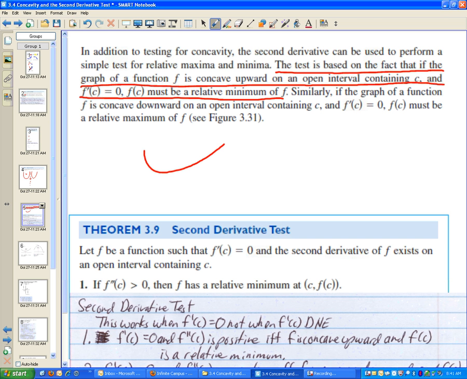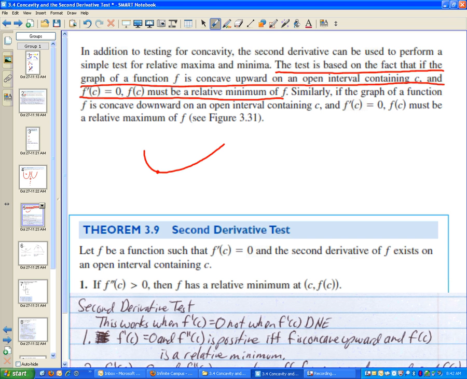Where's the only place on that interval where the derivative equals 0? Right there. And since the graph is concave upward and the tangent lines are below the graph, isn't that a relative minimum right there? That's kind of cool. All right, we didn't have to do the where does it increase, where does it decrease. Okay.